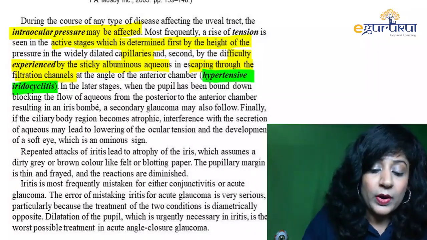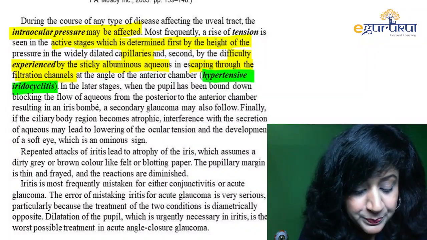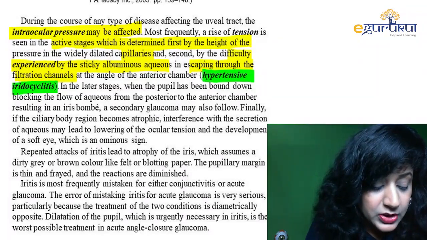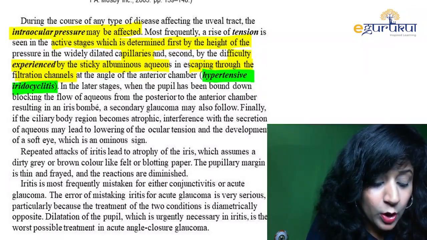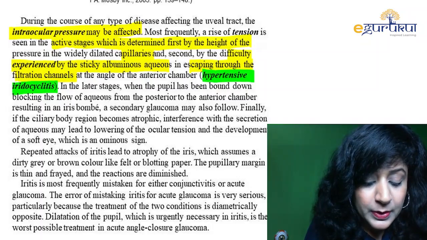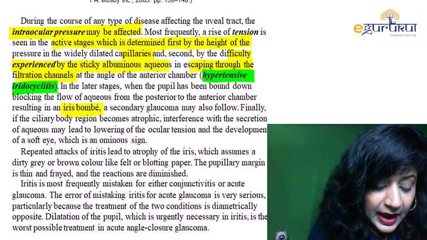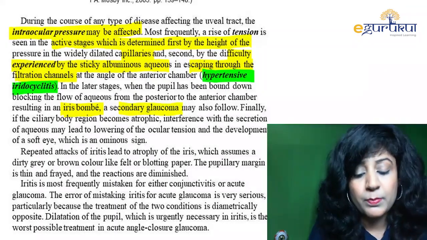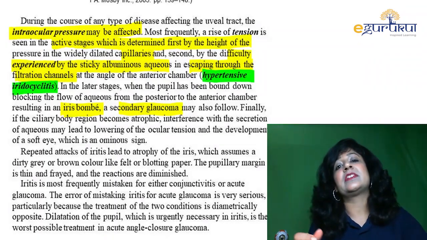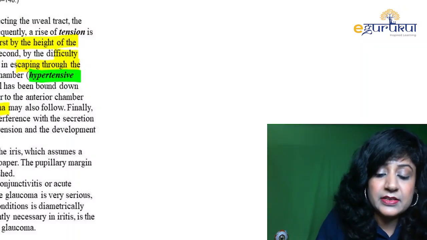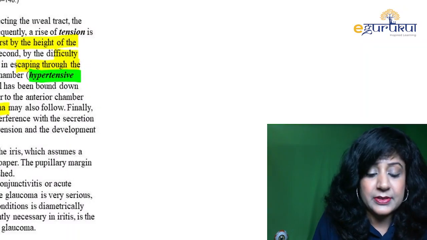Now what happens in the later stages, when the pupil has been bound down, blocking the flow of aqueous from the posterior to the anterior chamber, there is iris bombé, and therefore a secondary glaucoma may also occur.